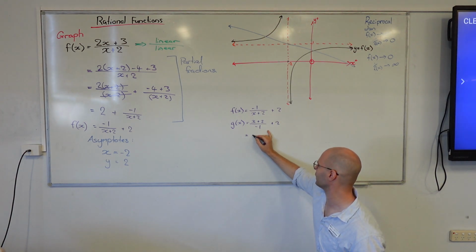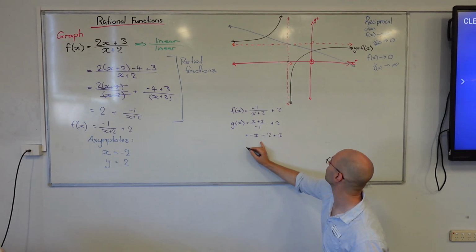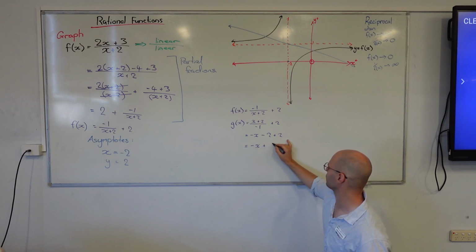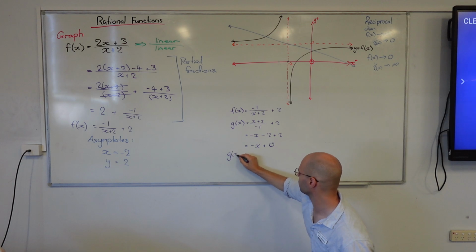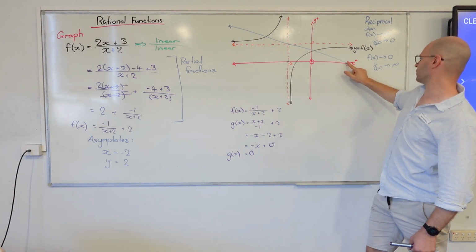And what you end up doing is negative x, take 2 plus 2, and therefore we should get negative x plus 0, or just g of x equals 0. Because this is sketched, it's not as accurate as it could be.